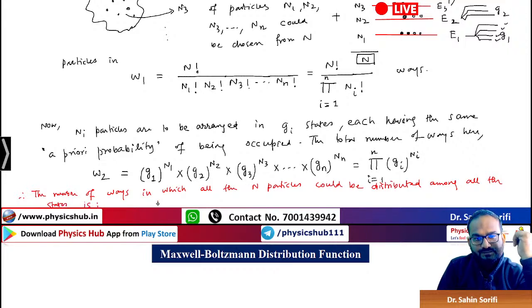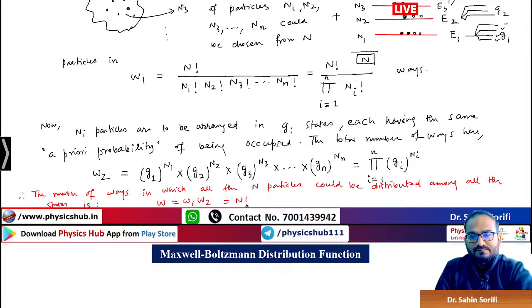is W, it should be equal to W1 times W2, and that is equal to, you see, n factorial will be there, and here pi is there, here also pi is there. So we are taking pi outside. Pi, i equals 1 to n.